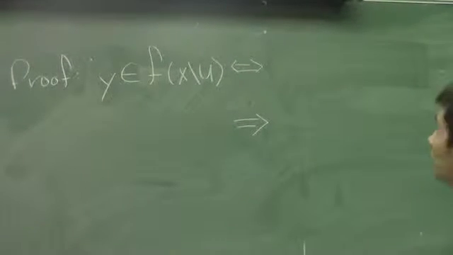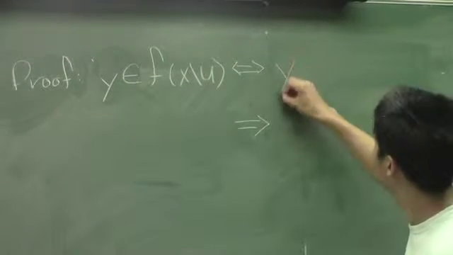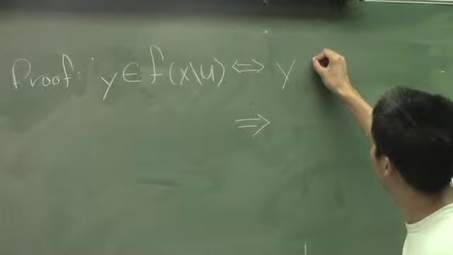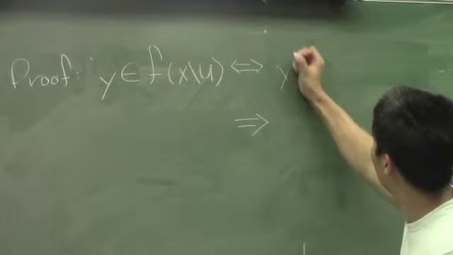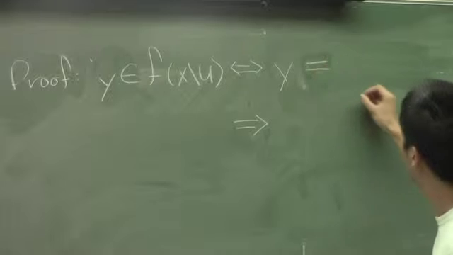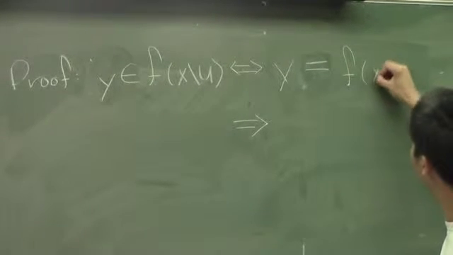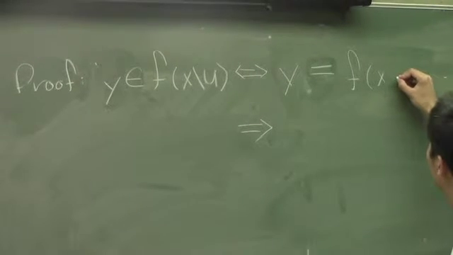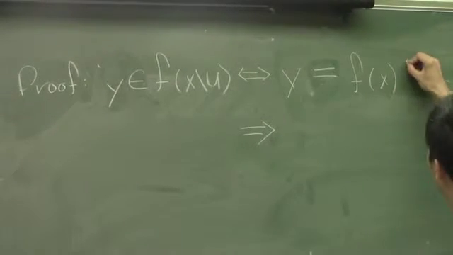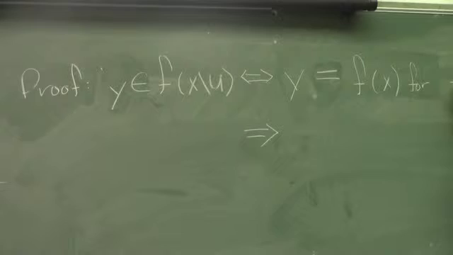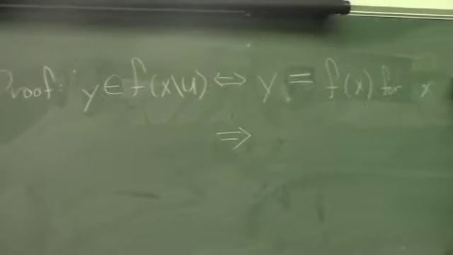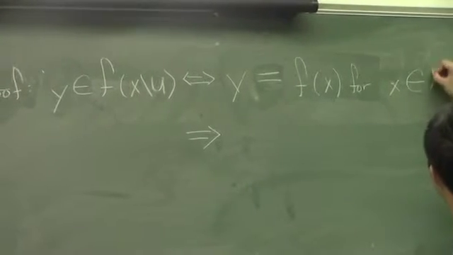Okay, y belongs to f of X minus U, so y is equal to f of x for x in capital X minus U, right?